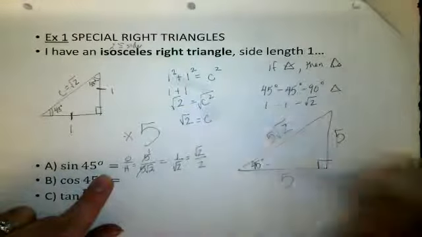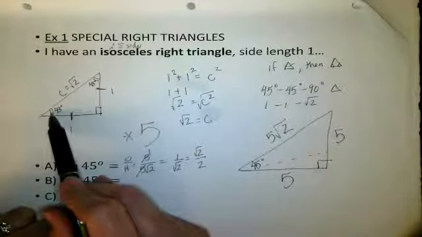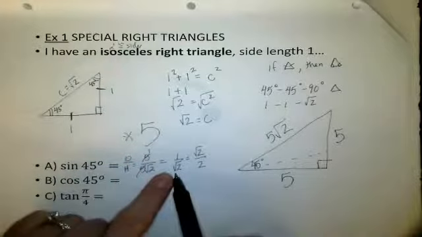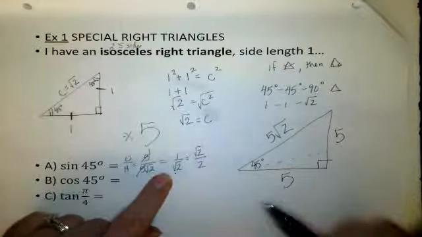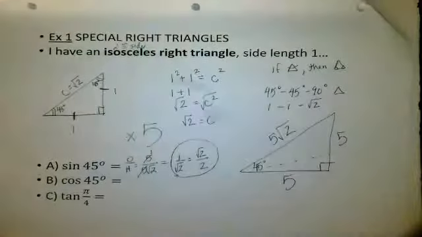Do we get the same thing here? Yeah. Opposite over hypotenuse gets us right to 1 over radical 2. Aren't they all going to boil down to 1 over radical 2, ultimately? No matter how big I multiply or divide. Well, that is the crux of the unit circle.